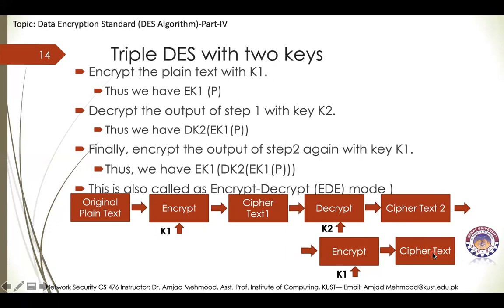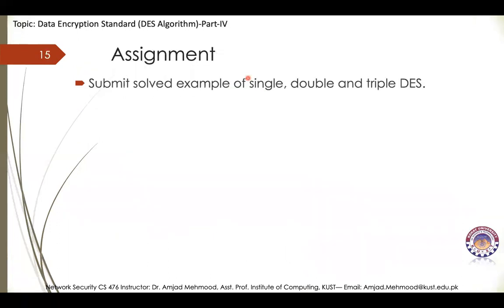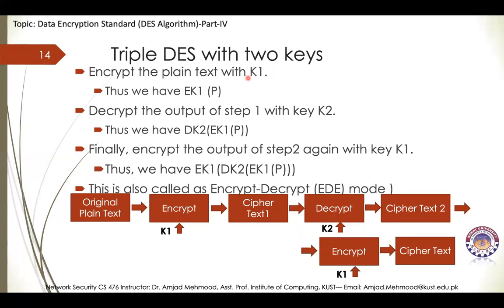So here you have two keys, K1 and K2, where K1 is used twice. So you have a total of two keys for protecting your documents. I think now you can guess that if you are applying more keys or more DES on the data, you are making your data more secure.